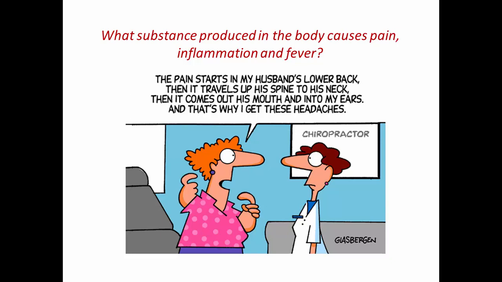They're also released when your body reacts against an invading pathogen, like a bacteria, against certain toxins that are released by bacteria, or by substances that are released by white blood cells when you're fighting bacteria or viruses. So prostaglandins is the substance that triggers pain, inflammation, and fever within the body.